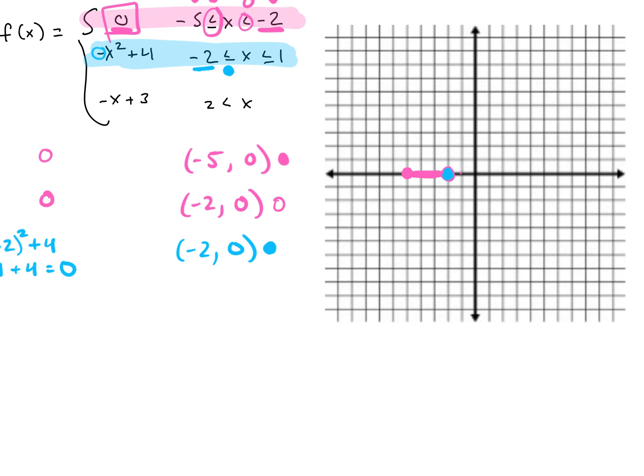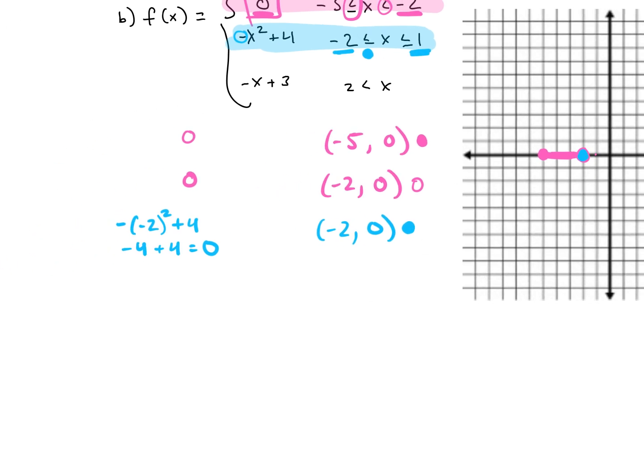What other number do I want to plug in here? 1. We always want to plug in the numbers that are given. So let's plug in 1. So negative 1 squared plus 4. 1 squared would be 1. The negative on the outside makes it negative 1. Negative 1 plus 4 would be 3. So my point here, I plugged in 1 and got 3. Is this an open or closed circle?